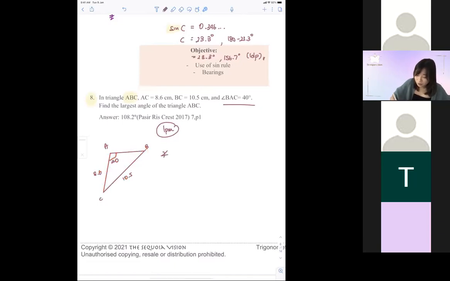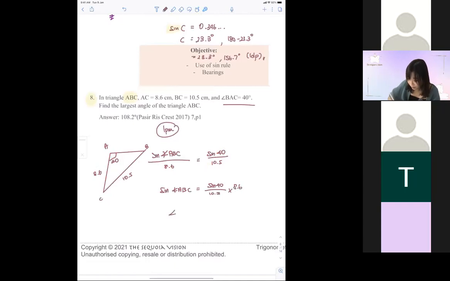So sine of angle ABC, unknown, over length, equals angle over length. Same thing, divide, bring over times. Then sine inverse of that is your angle ABC.